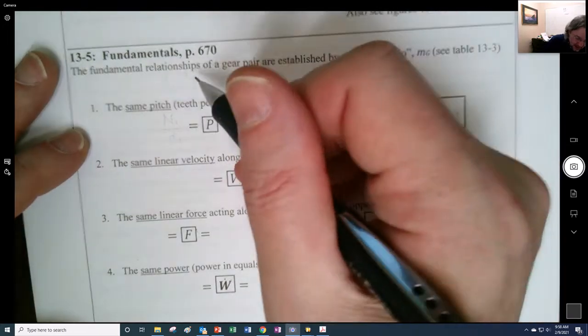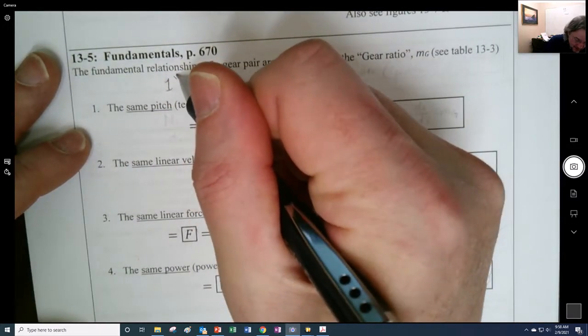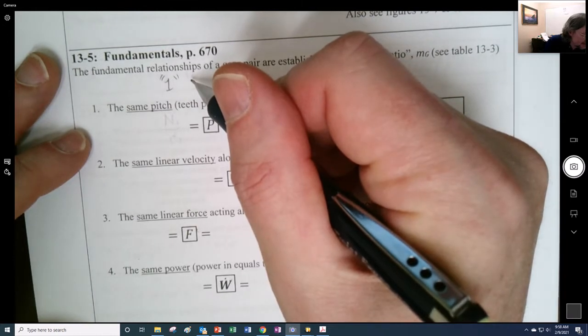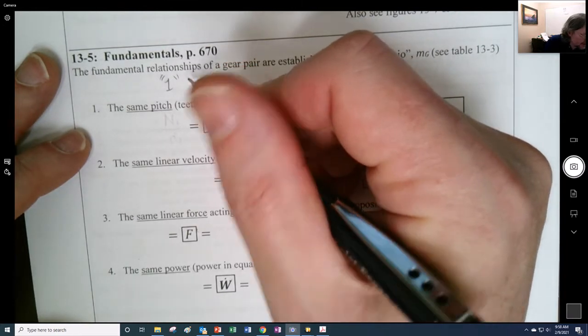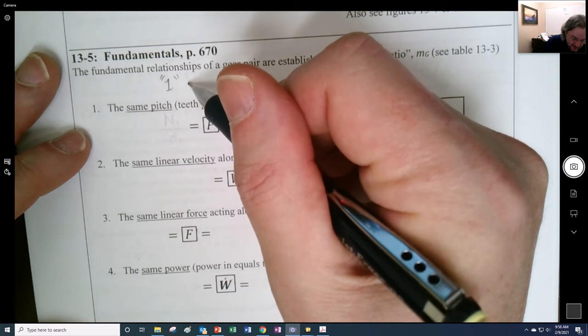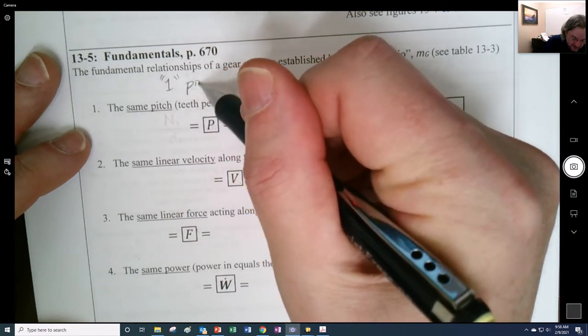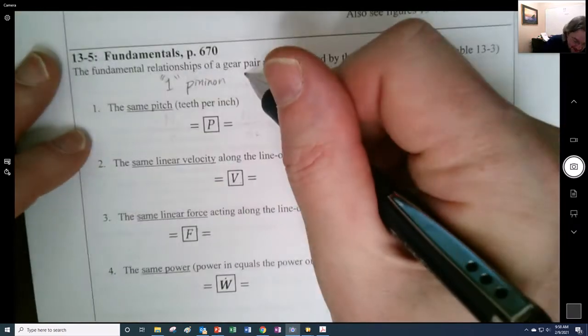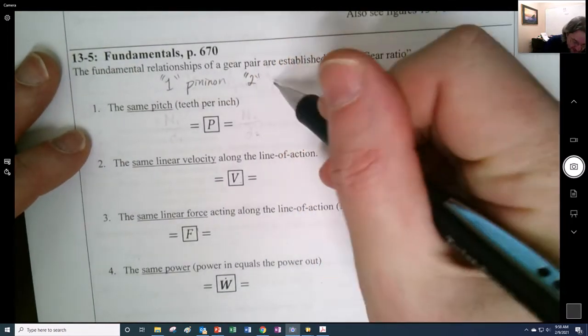Now, 1 is going to mean, I think I'm going to say that it is going to be the pinion. I have it written down wrong over here, just so you know. And number 2 here is going to be the gear.